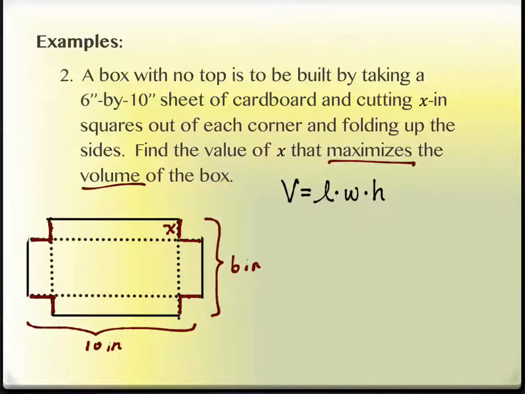Okay? Now, you might look at this 10 by 6 and say, okay, well, one of them's 10 and one of them's 6. And there would be if the box remained flat, right? But then the height of your box would be 0, so your volume would be 0, and that's no good. That would definitely not be maximizing the volume of my box, right? So there's got to be something else that I'm doing in terms of volume. And what I need to do is think of that dotted inner rectangle. Okay?